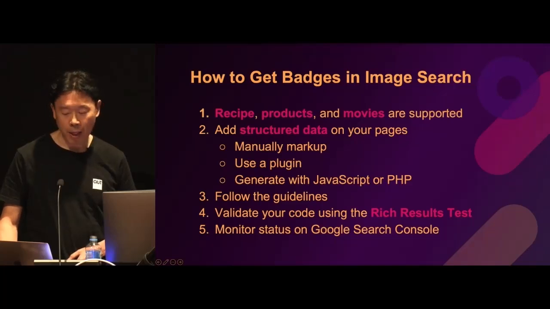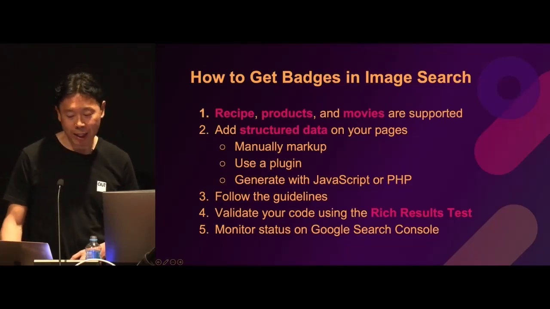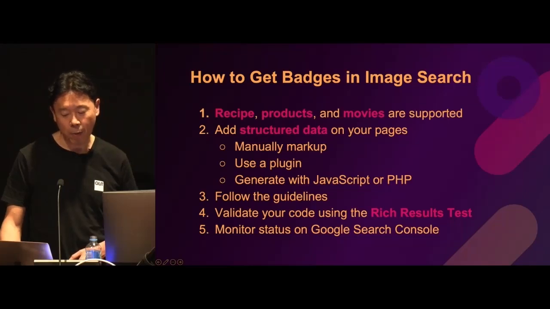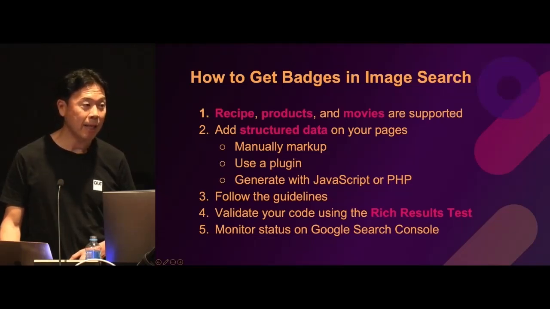I won't recommend any specific one, but there are lots of good options out there. And if you are a developer, you can write code to generate the structured data dynamically using JavaScript or PHP.